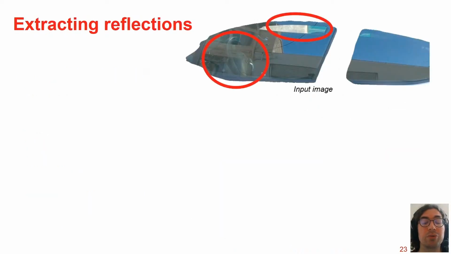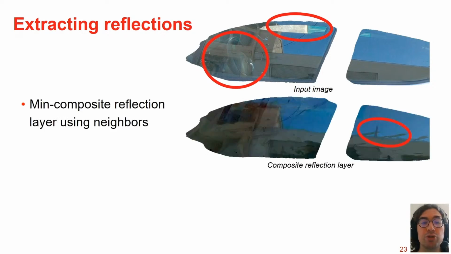But once again, we can't just fetch information from the input images because they contain a mix of reflection and transmission. We thus need to synthesize a reflection layer. We rely on a standard mean composite approach to separate specular effects from the rest, using our flow computation to compare neighboring images.